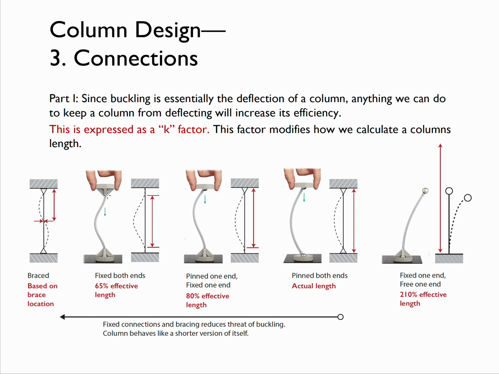If we fix the top and if we fix the bottom, this column actually behaves even shorter. So meaning that this column, even though it is, say, 10 feet tall, because it's fixed, it actually behaves like a column that's 65% of that effective length.